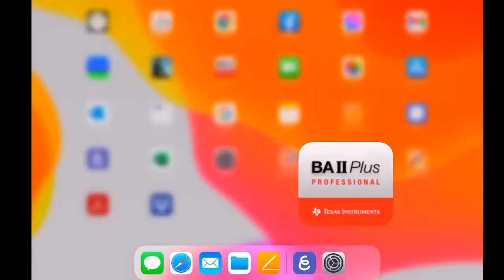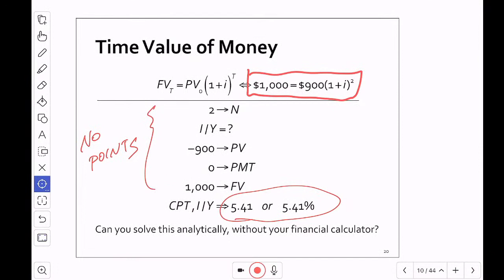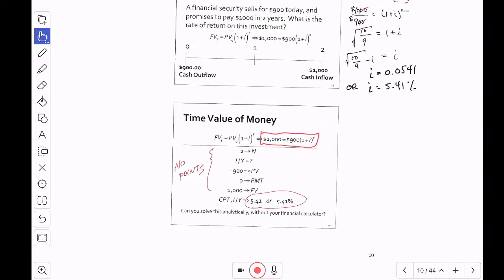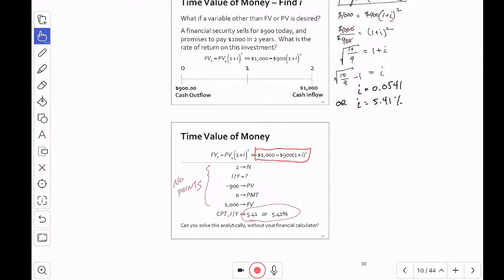Okay, very good. So you should be able to do both the analytical solution and using the financial calculator.